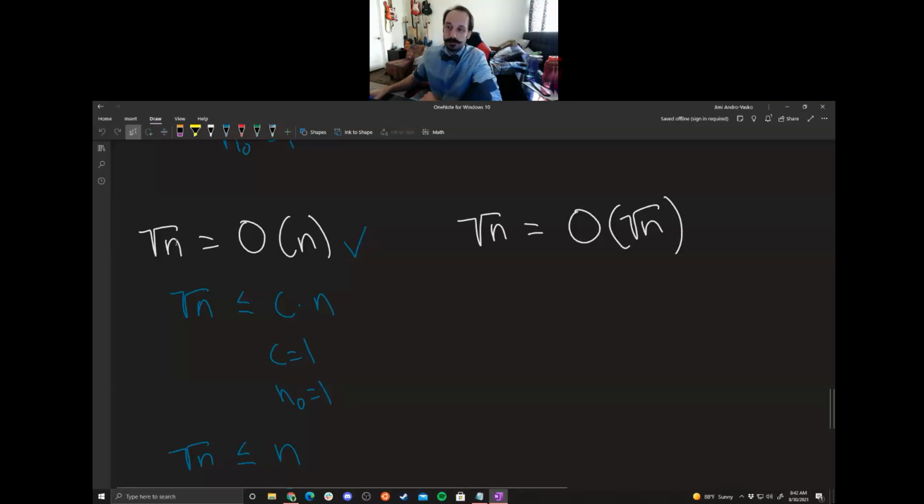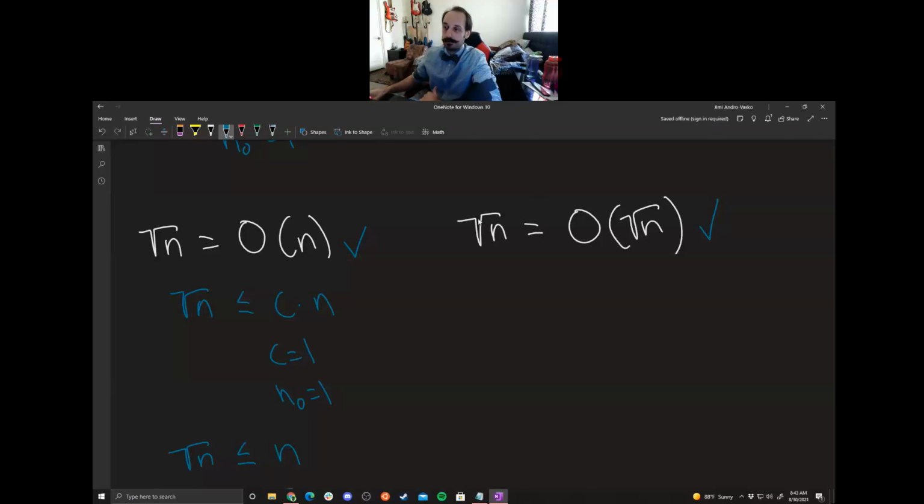So in this case, root of n equals O of n is correct, but it's a very weak statement. This statement right here is a stronger statement. We always want to lower the function inside of big O, but it still encapsulates the function that we're testing for membership in that set.